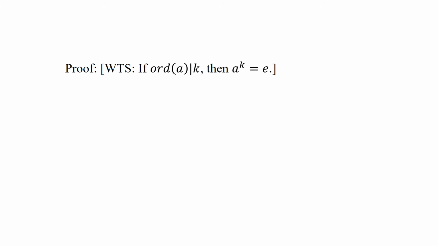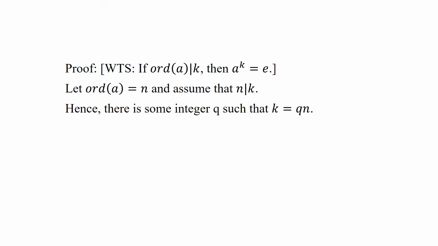We want to prove a biconditional statement, so we're going to start with the easier conditional statement. If I have a multiple of the order, and I take a to that exponent k, then I should get the identity. Let's call the order of a n and assume our hypothesis, assume that n divides k. That tells me that there's some integer q such that k is q times n.